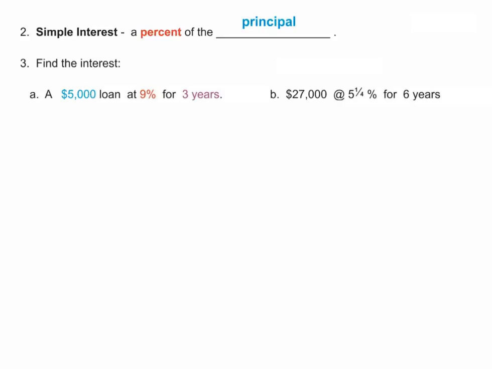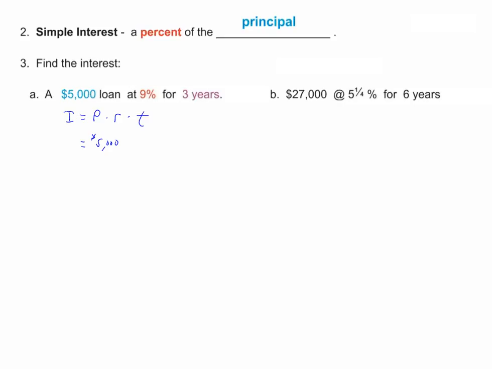Okay, so we know we're going to go to our formula right off the bat. I equals P times R times T. Somebody give me one of those spots. Edward, give me a spot. For the P, we're going to put $5,000 only. Correct. $5,000 is the principal.